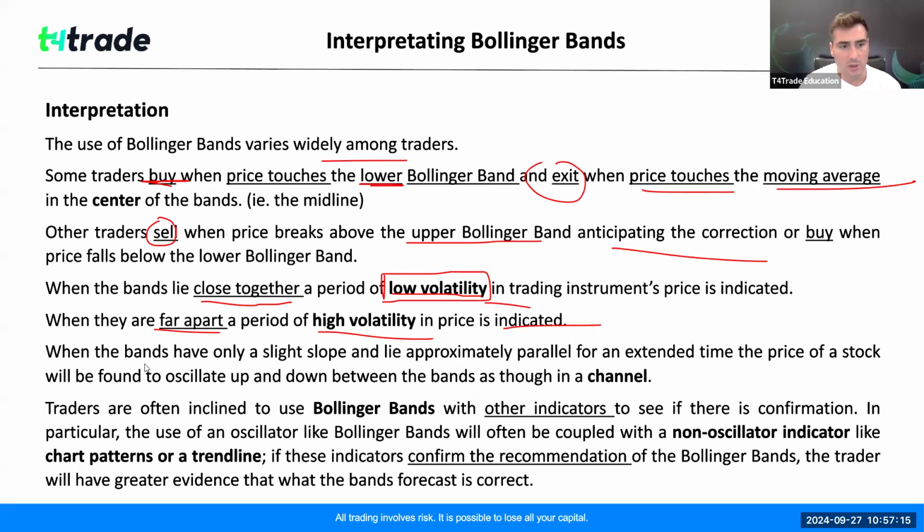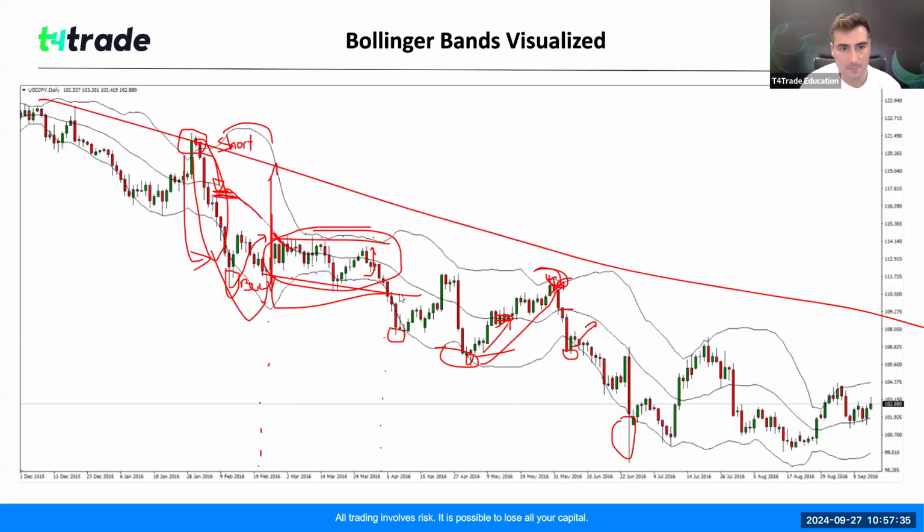Okay, so you also have bands that only have a slight slope and lie approximately parallel for an extended period of time, where the price action is oscillating up and down between these bands. Those could be classified as a channel, and this is the channel right here. This is the period we just talked about.